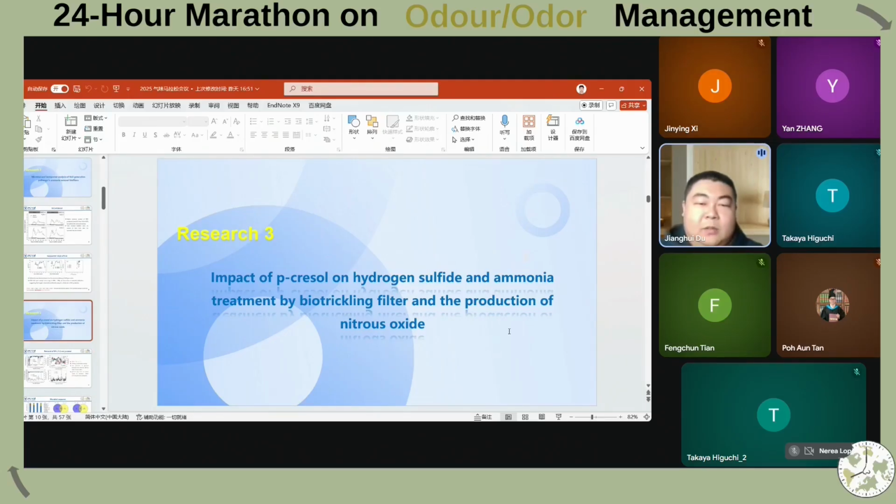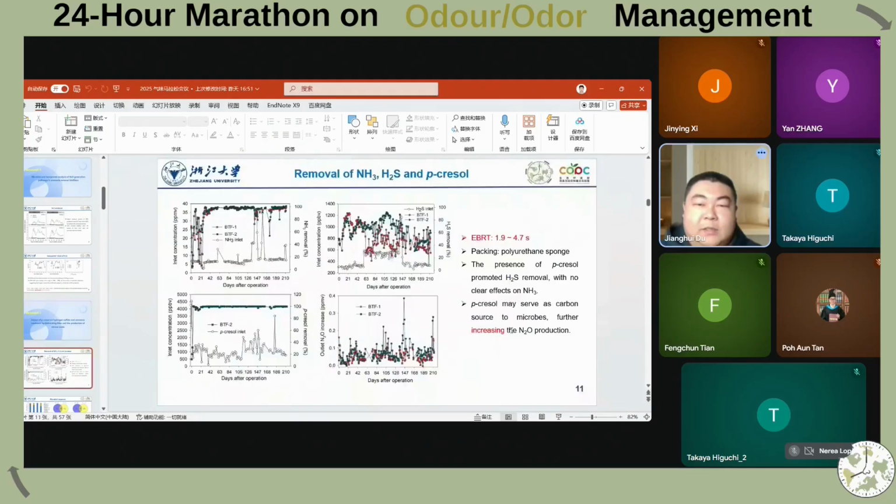Next, we tried to introduce P-cruciso as a carbon source. We researched the impact of P-cruciso on hydrogen sulfide and ammonia treatment by BTF and the production of nitrous oxide.